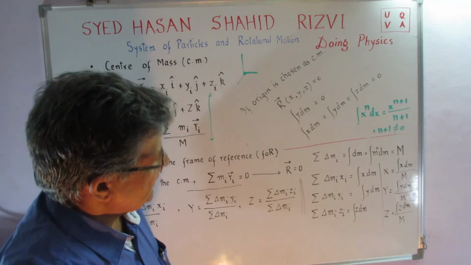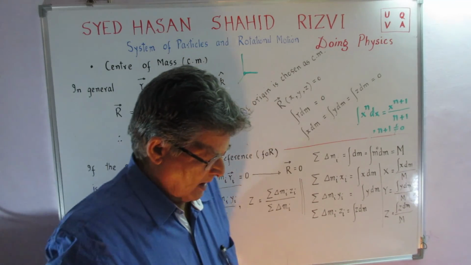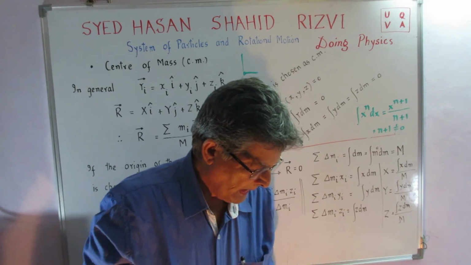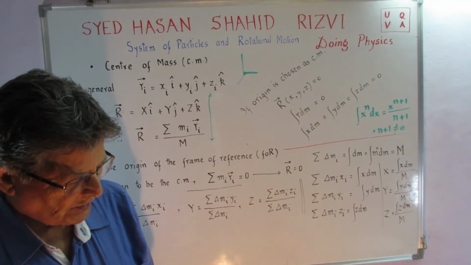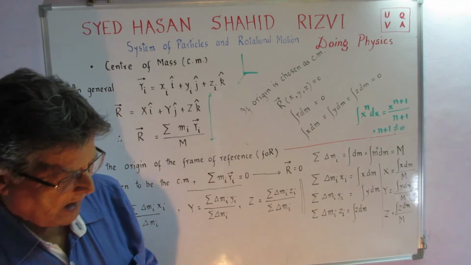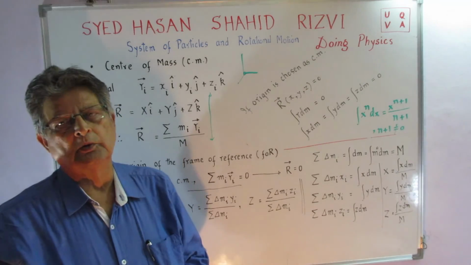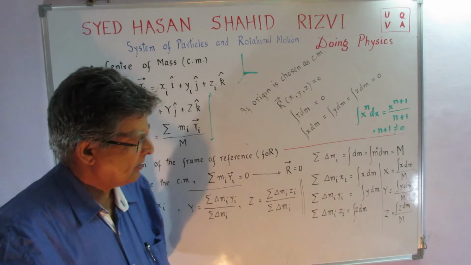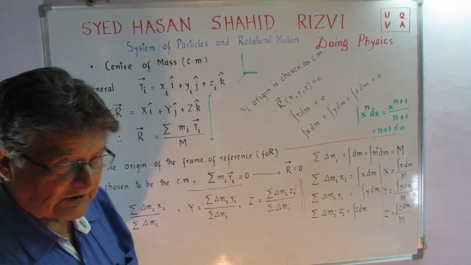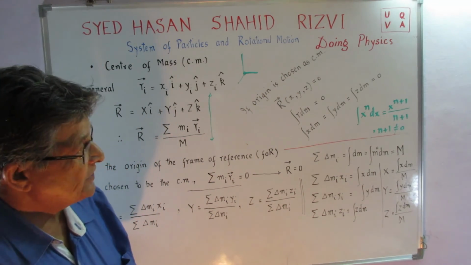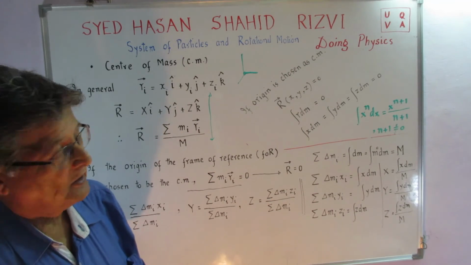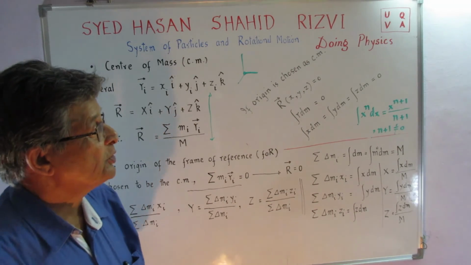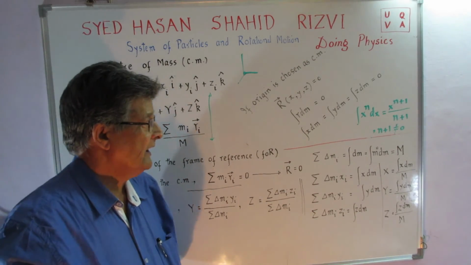Now, this can be extended for calculation of the center of mass of geometrical bodies in shape, and other bodies where the density of the particles remains unchanged, that is, the particles are distributed homogeneously.